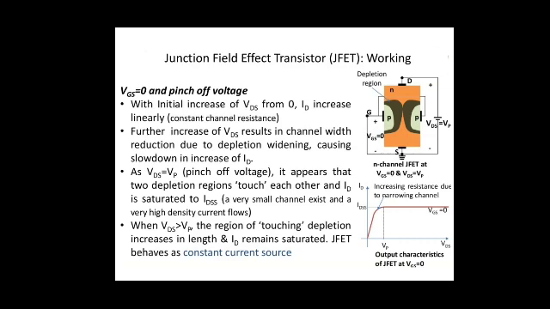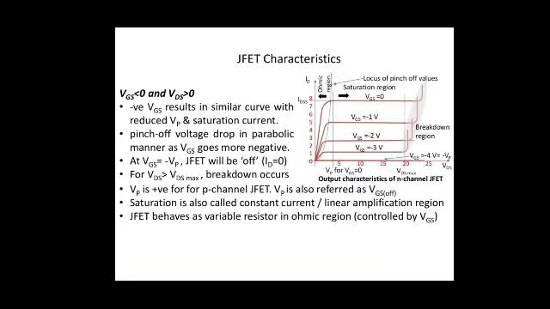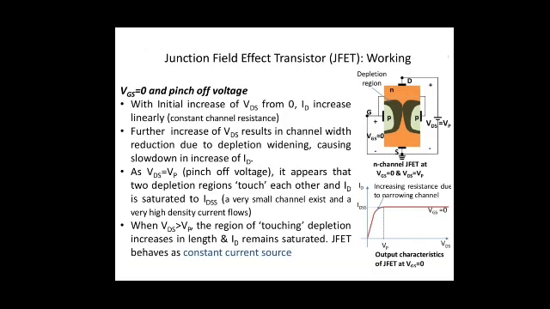Whenever you increase VDS without changing VGS, here your VGS is 0, you are only using VDS. As you keep on increasing the VDS, the two depletion regions come into contact with each other, and due to this, pinch off occurs.